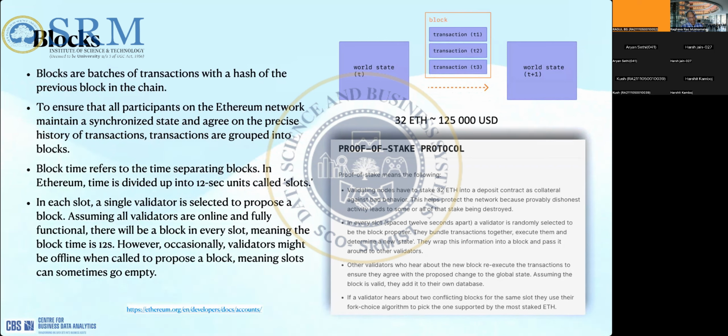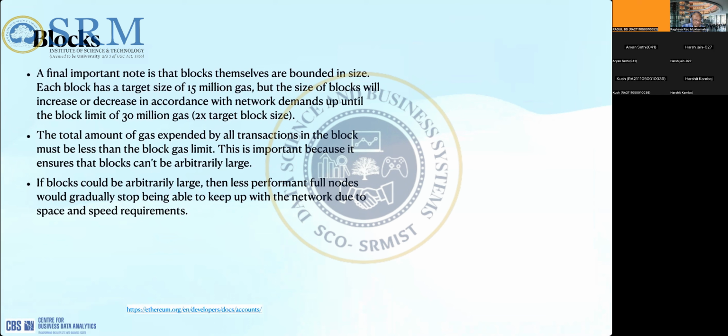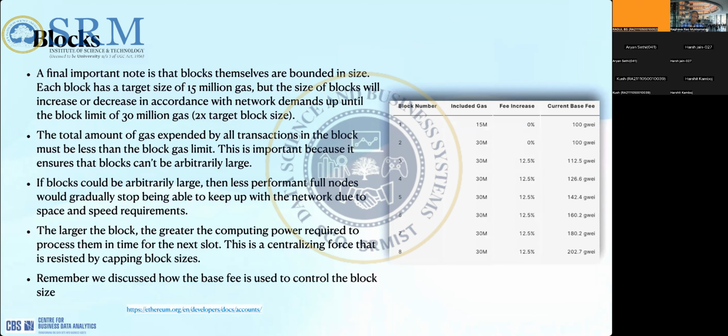So when they move to proof of stake, it is not a big problem nowadays. You might get one or two forks, but they will be resolved in just the next two iterations or something like that. One thing about it, we also discussed the block size. The maximum block size is decided by the amount of gas included.